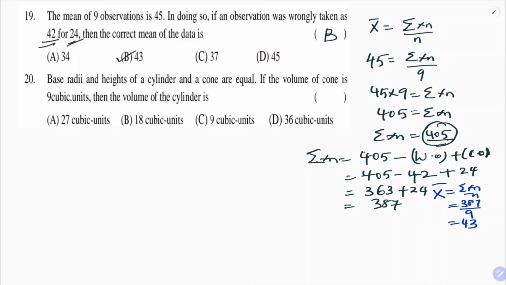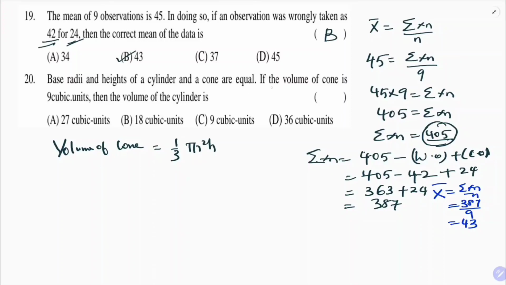If you see the last MCQ: base, radii and height of cylinder and cone are equal. If the volume of cone is 9 cubic units, then the volume of cylinder? Volume of cone is 1 by 3 pi r square h.